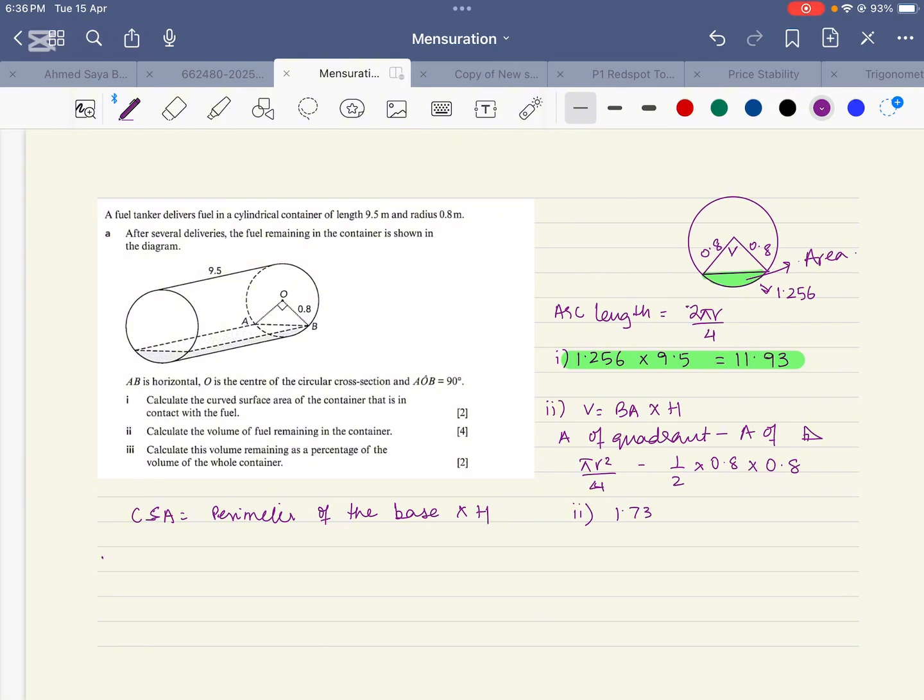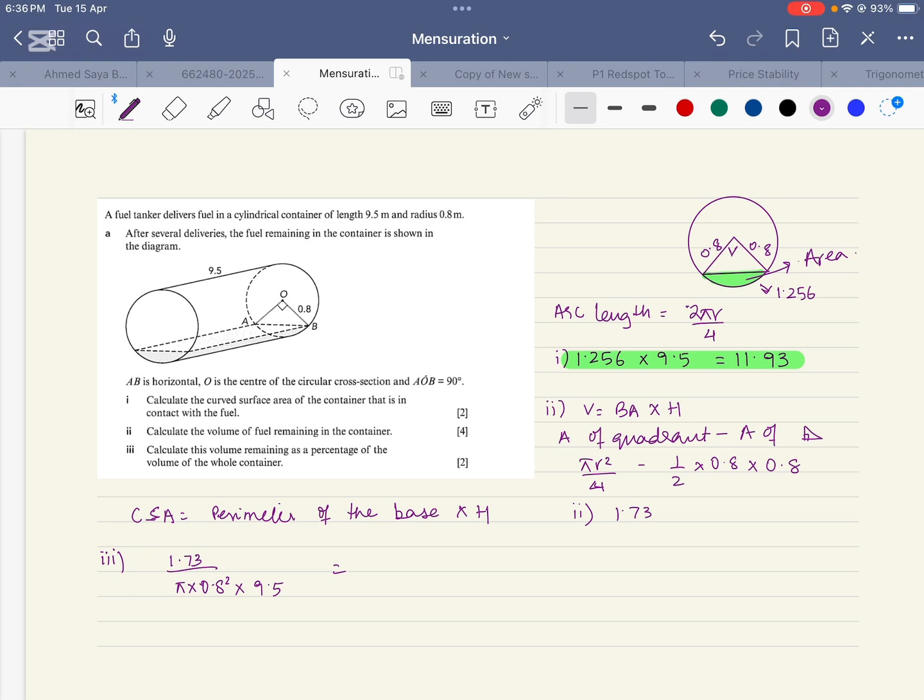For part 3, we have calculate the volume remaining as a percentage of volume of the whole container. So we have 1.73 divided by pi r square, 0.8 square h, and you will get the answer.